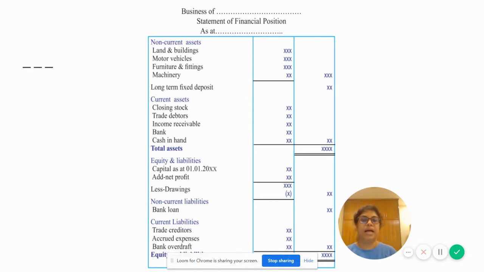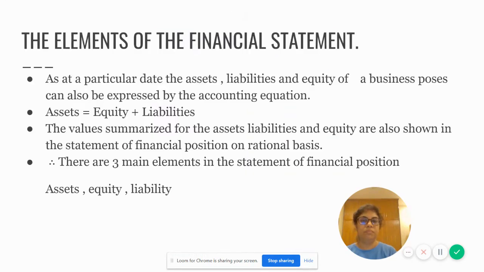So as you all know, let's see what the elements of the financial statement are. As at a particular date, the assets, liabilities, and equity of a business can also be expressed by the accounting equation, which you are very, very familiar with since you started the grade 10 accounting lesson.